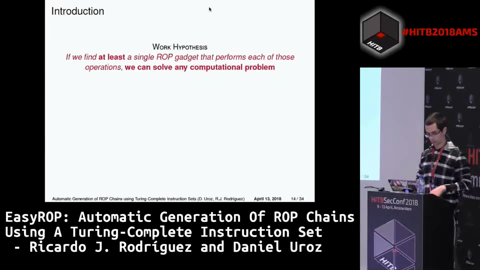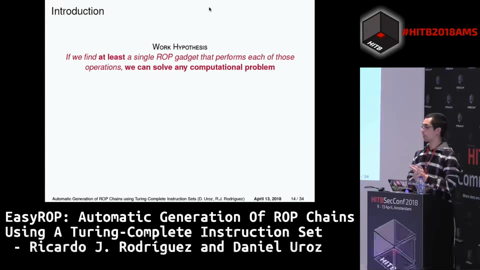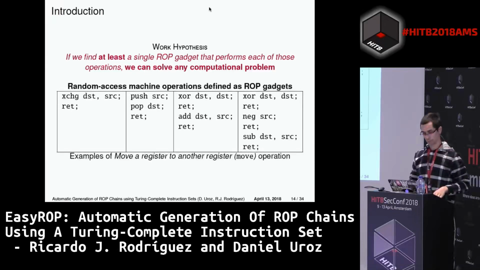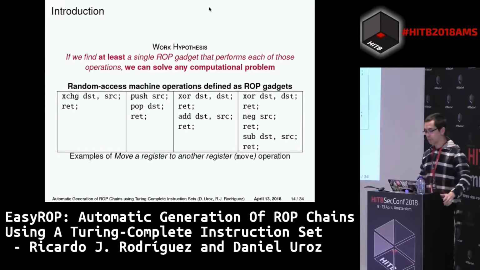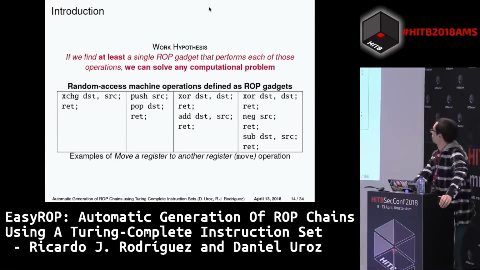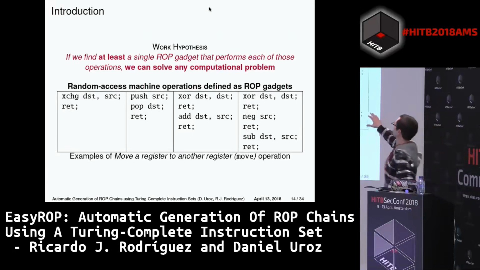So with all these operations, we are able to simulate any kind of real algorithm. Okay. So our working hypothesis in this work was, if we are able to find at least a single ROP gadget for each one of those operations, then it means that we can solve any computational problem. Okay. Well, the random access machine operations defined as ROP gadgets can be, for instance, this one here.